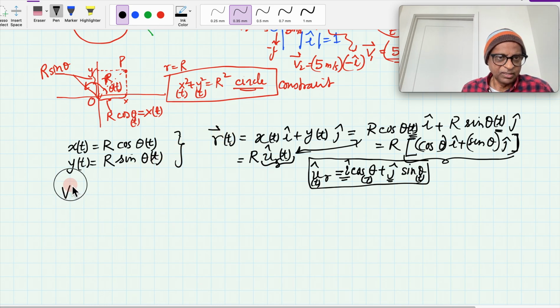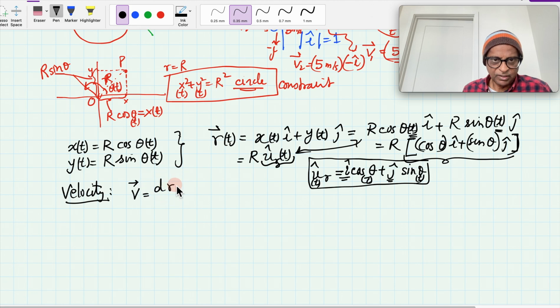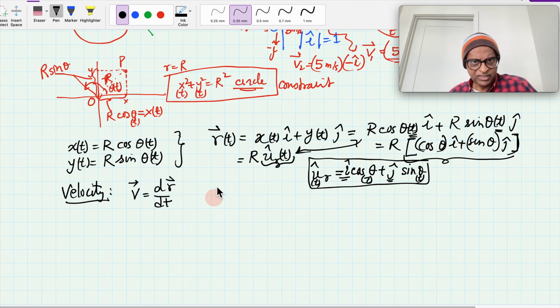Okay, now we've got the position. How about the velocity? You remember velocity is always dr dt. So we can do a derivative. You can do the derivative of this guy, or of this guy.